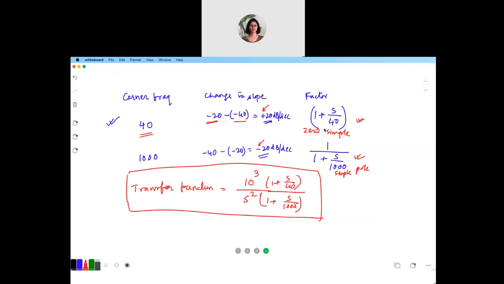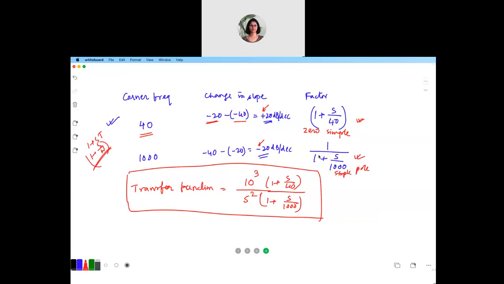Because it is a zero, it will be in the numerator. If it is a pole, it will be in the denominator. The term is 1 plus sT, which is nothing but 1 plus s by omega. So 1 plus s by 40 is one term. Here the term is 1 by 1 plus s by 1000.